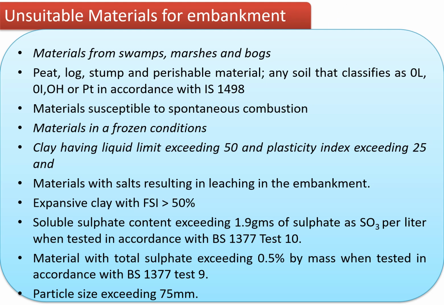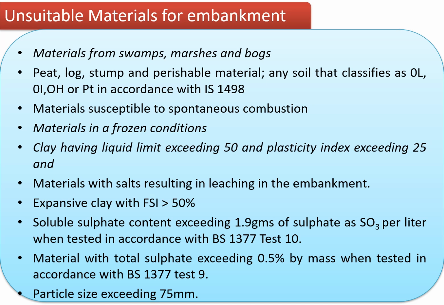Unsuitable materials for embankment: materials from swamps, marshes or bogs, peat, logs, stumps and perishable materials, any soil that classifies as OL, OI, OH or PT in accordance with IS 1498. Materials in frozen conditions, clay having a liquid limit exceeding 50 and PI value exceeding 25.